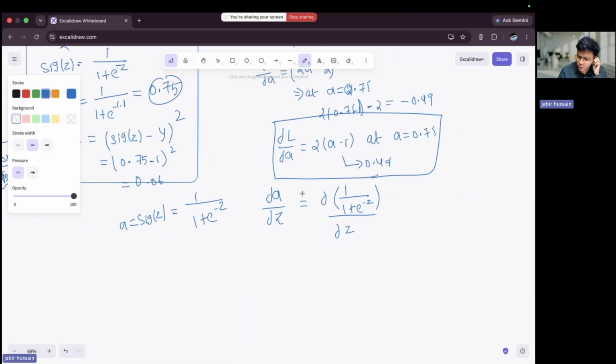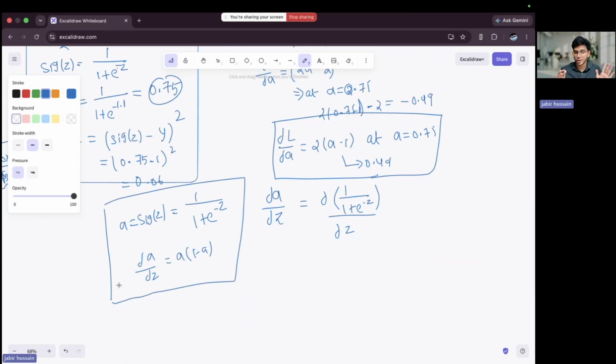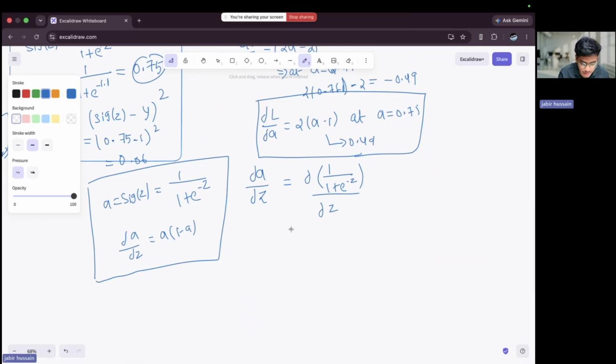You don't need to worry about how we get the formula, but the formula for this derivative is that dA by dz is A into 1 minus A. This is the standard formula. If you open Google and see, it is one of the formulas we studied in differentiation. So apply the standard formula, you don't need to worry where it came from. Just apply that.